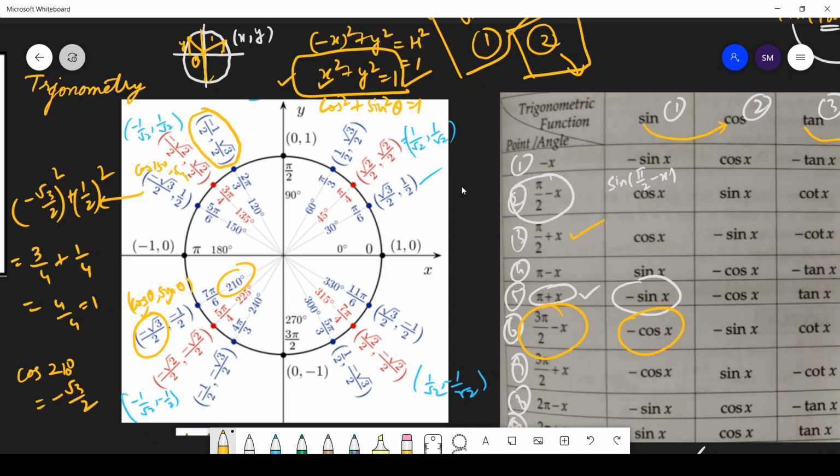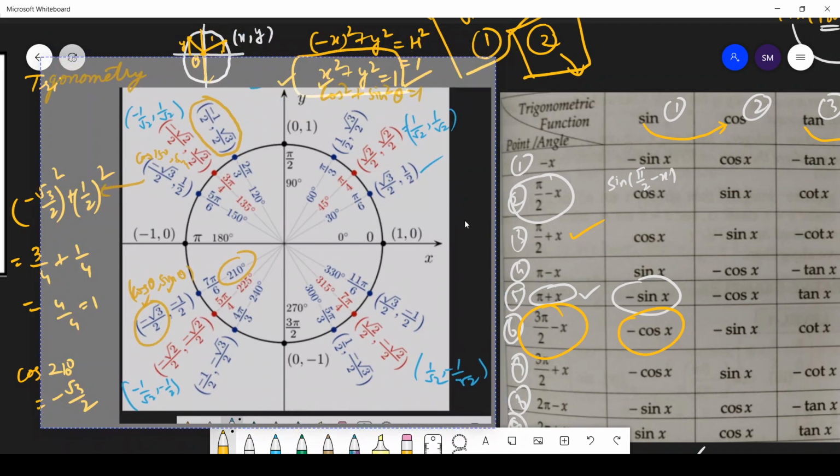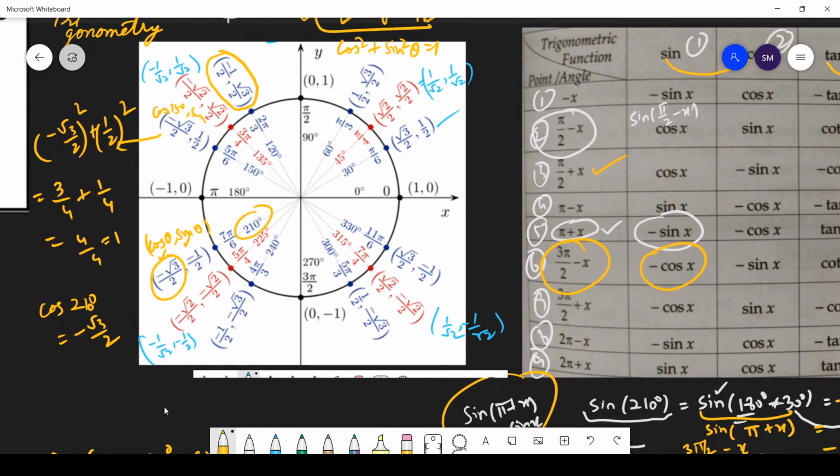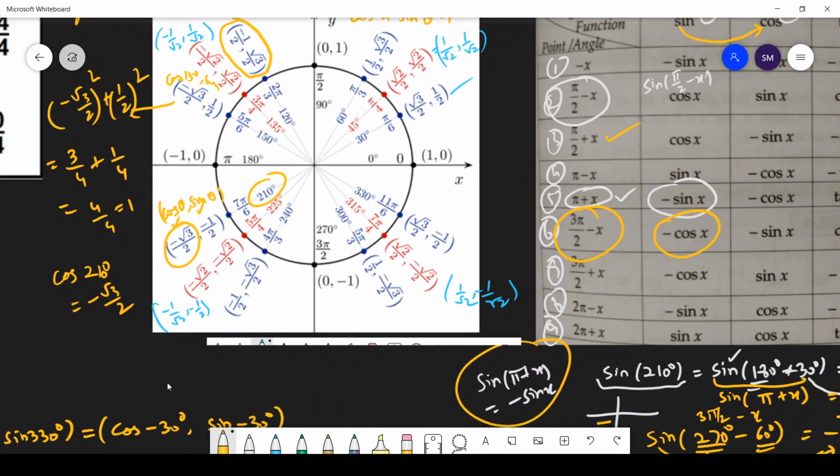Now tell me some more values; from the circle you can tell directly. Tell me the value of tan 300. It will be sin 300 upon cos 300.